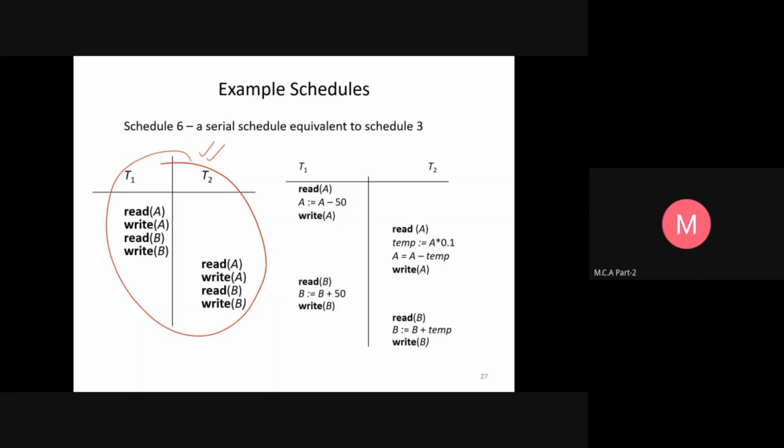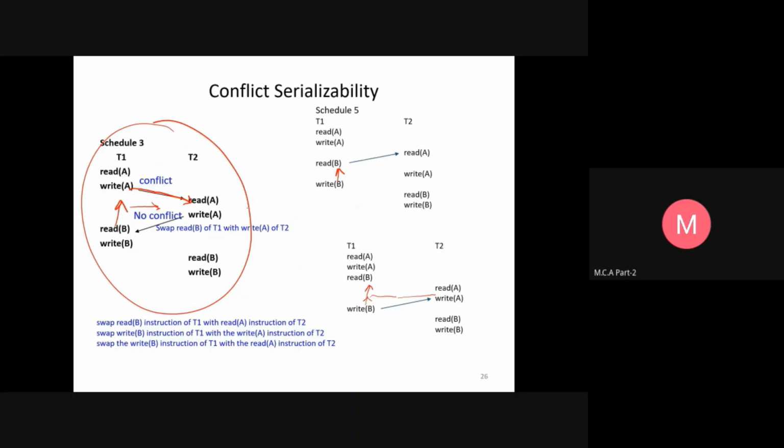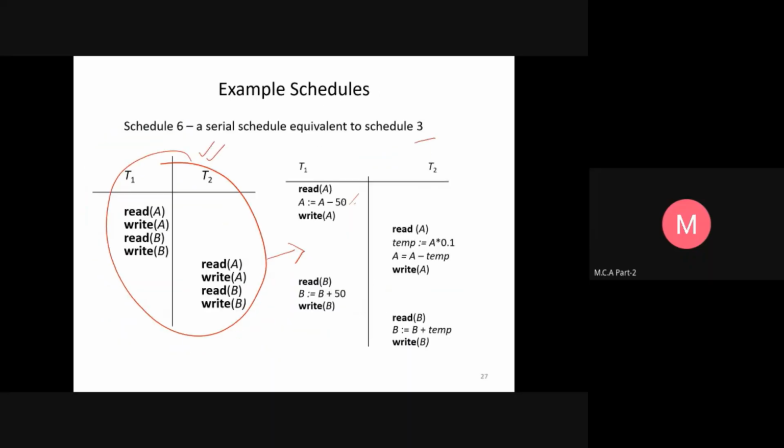So this actually stemmed from this previous schedule that we had looked at, which we had called schedule 3. And we said that whatever instructions are done in between, we really don't matter. We're only interested in the reads and the writes. So the schedule 3 that we had here was actually this schedule without the intermediate operations.